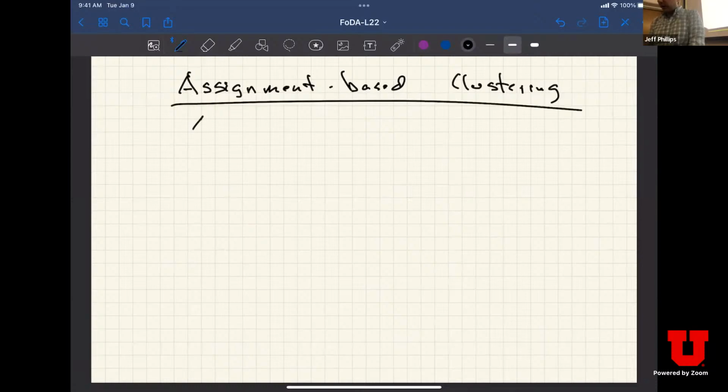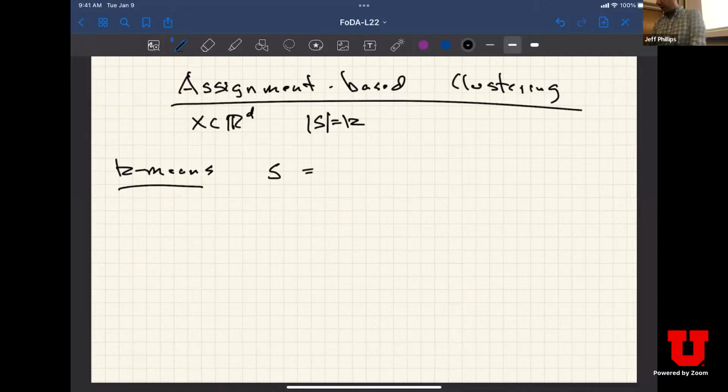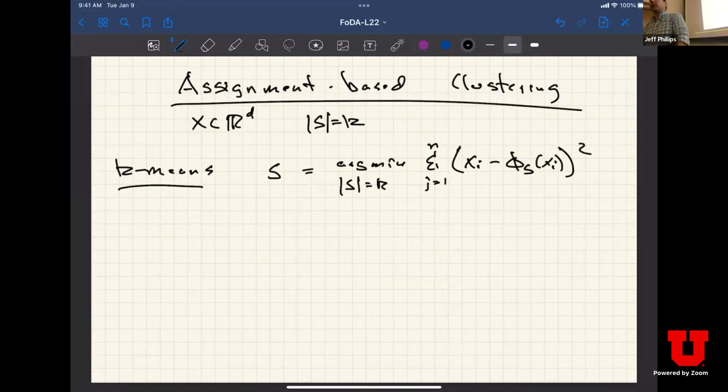So X is a subset of R^d, S is going to be a set where the size of S is equal to K, and we're going to find S. The K-means problem is S star equals argmin over S such that |S| equals K, of the sum i equals 1 to N of norm of Xi minus phi of S applied to Xi, squared. Okay, so this is the K-means formulation.